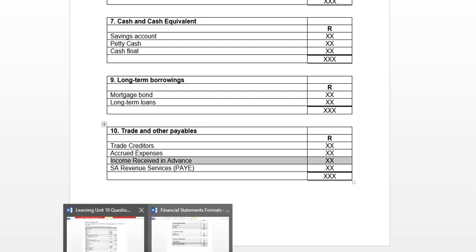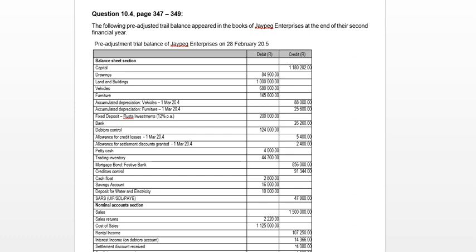So getting to that, let's have a look at a question. So if we have a look here at question 10.4, what we have is the pre-adjusted trial balance in the books of JPEG Enterprises as at the end of their second financial year. So what I'm going to do now is two comprehensive questions.